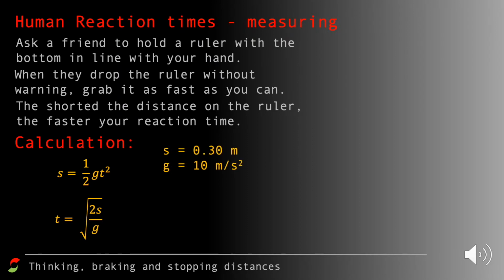So we could, if we wanted to, and we were doing A-level physics, calculate our reaction time by using just a ruler. So let's say that we drop the ruler and we catch it after it's gone 30 centimeters down, or 0.3 of a meter. We know that gravity is 10 meters per second squared, so we can just chuck those into our equation and we get 0.24 of a second to two significant figures. But you're not expected to be able to do that calculation. So this method isn't a direct measurement of your reaction time.